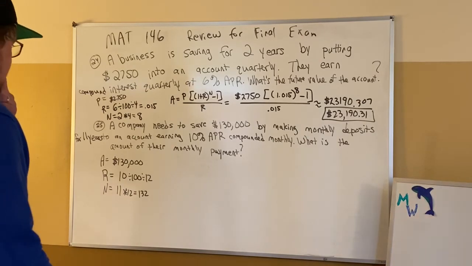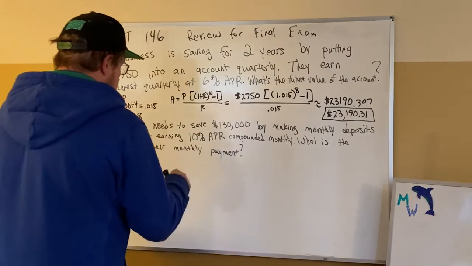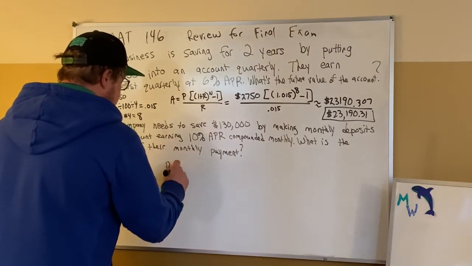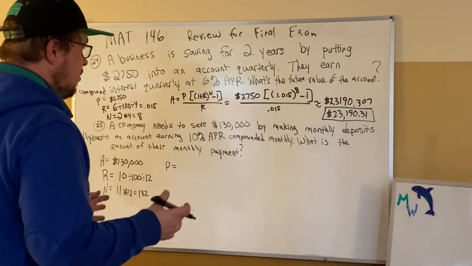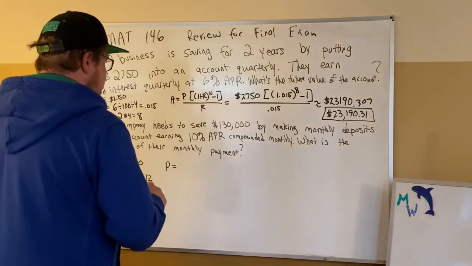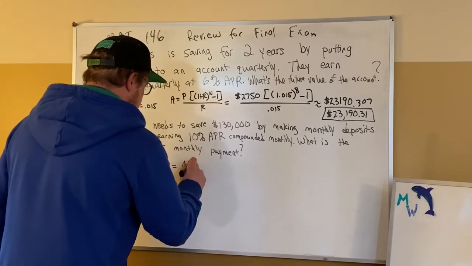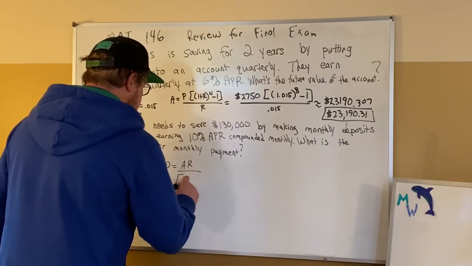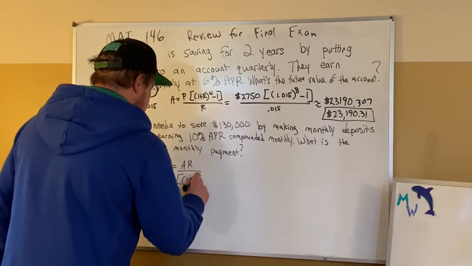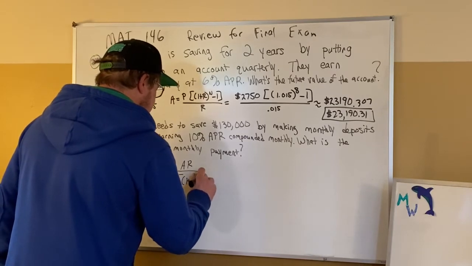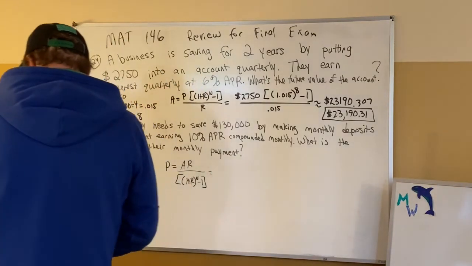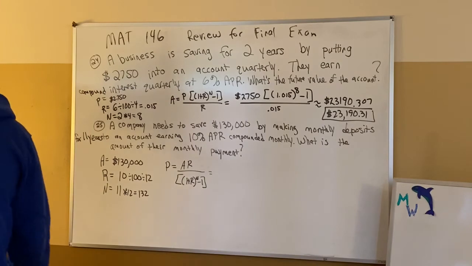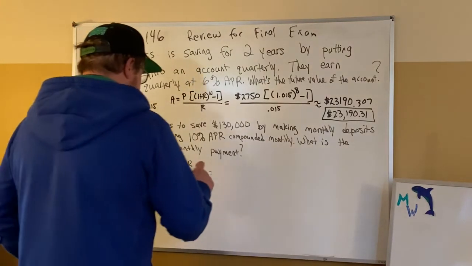Now what we have here is we're looking for P. So P is going to have the same relationship, but the formula will be written differently as it isolates the P. It's going to have A times R over the parentheses with 1 plus R to the power N and then minus 1, and that gets closed in. So let's see what happens when we multiply A times R. A is 130,000.